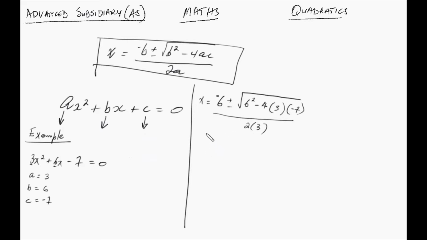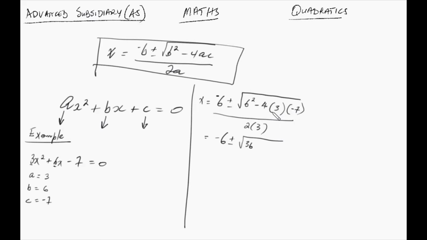So you are going to have this equal to negative 6 plus or minus the square root of, let's see, 6 squared is 36. Let's see what we have here.